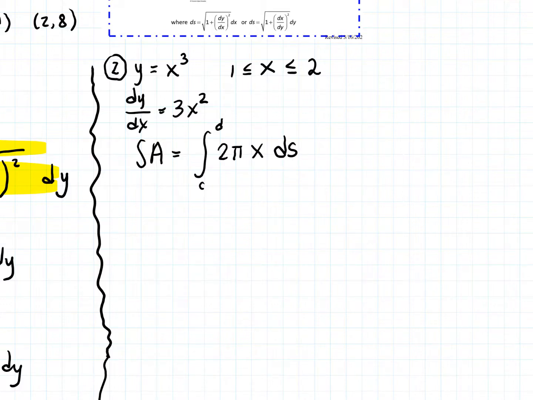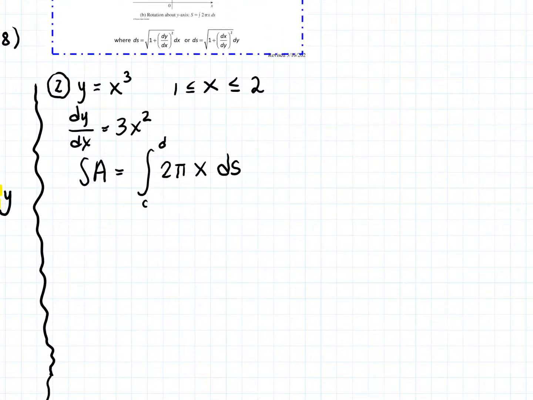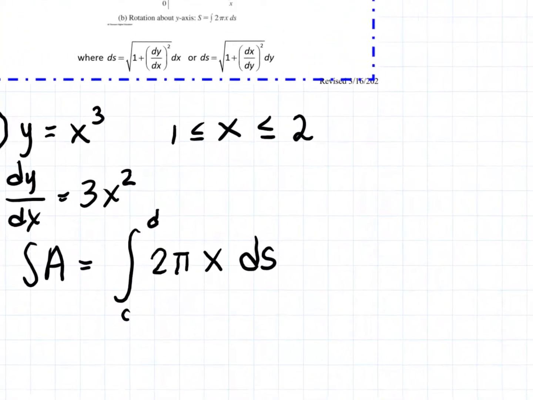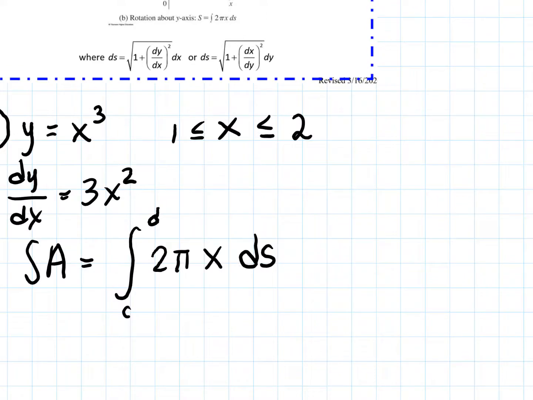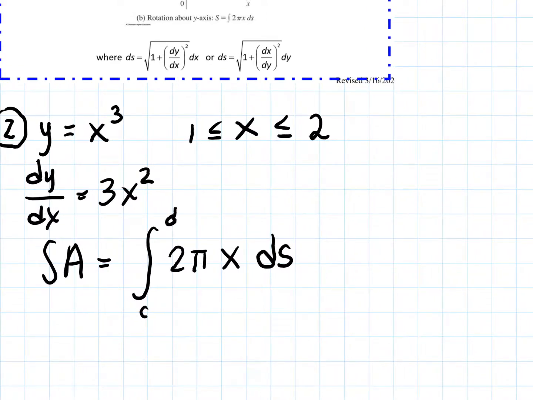Okay? But remember that ds can be written as either of these two roots that are written right above at the top here at the bottom of our formula box. So since I can pick either one of those, if I'm working with a function defined as a function of x, then I could use this ds representation, and I can integrate with respect to x.